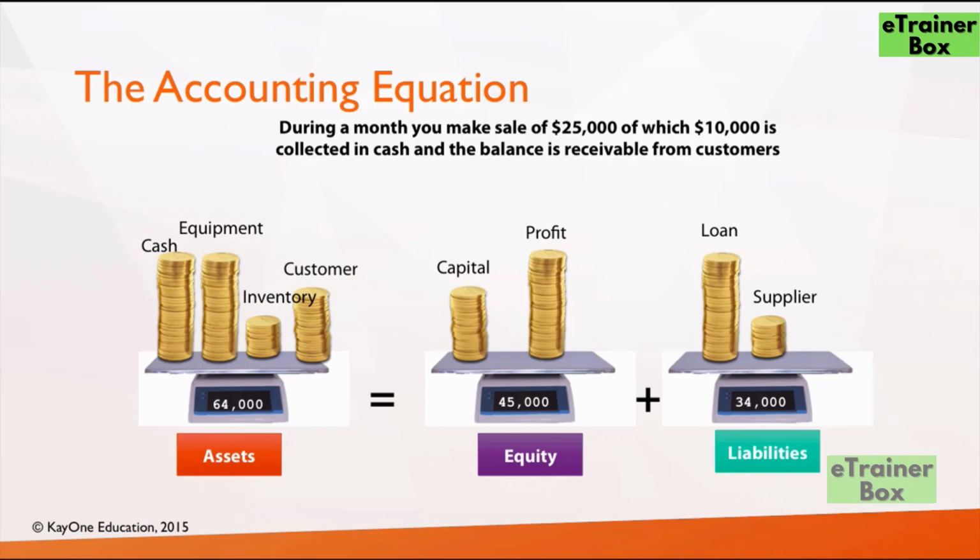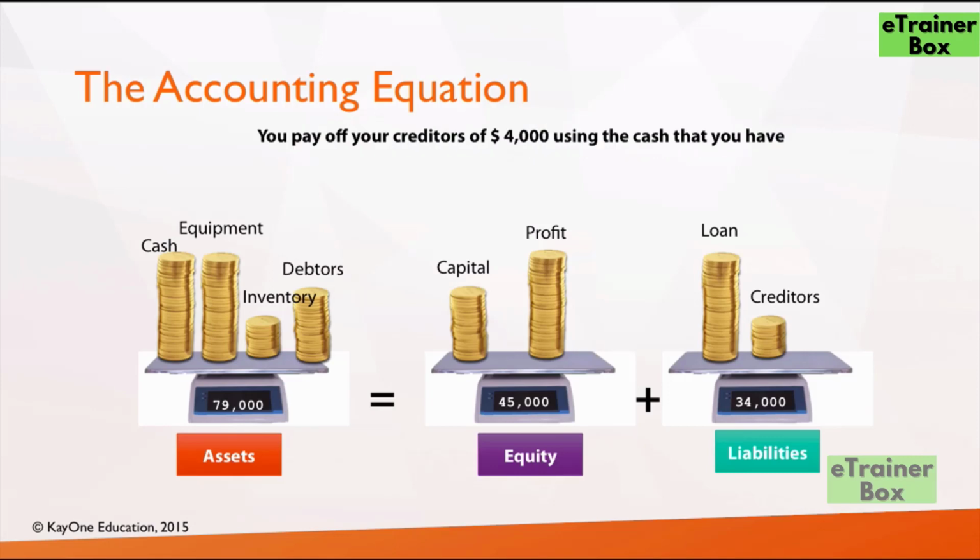Similarly, your receivable or the right to receive also increases because 15,000 is still collectible from the customer, and therefore your assets further go up by 15,000 and become 79,000. So now you have assets worth 79,000 on the left hand side, equity worth 45,000 on the right hand side, and your liabilities remain the same at 34,000, and the equation is still in balance.